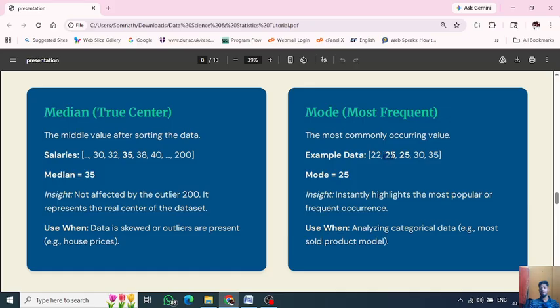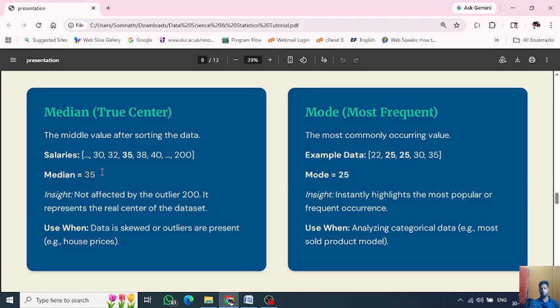In that case, 25 is the most popular because it is the most frequent, 2 times, compared to the rest. So this mode tells you what is the common salary an employee gets in a company.